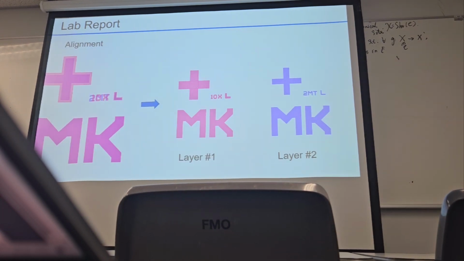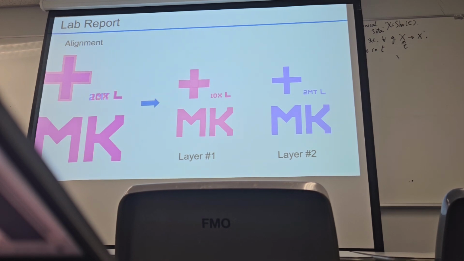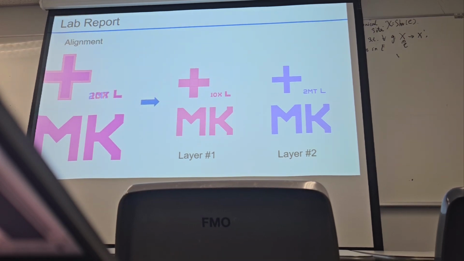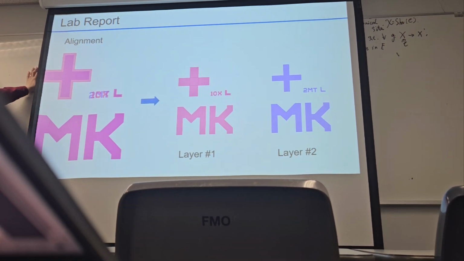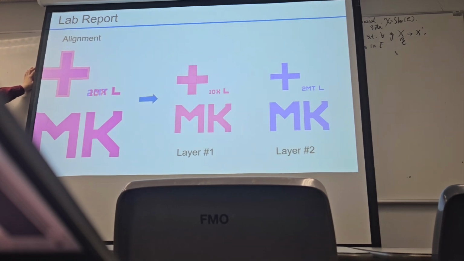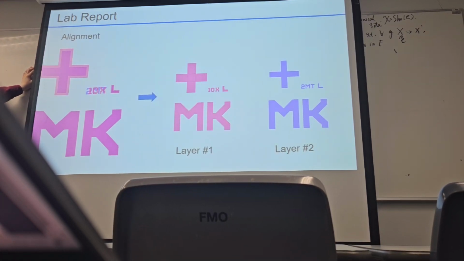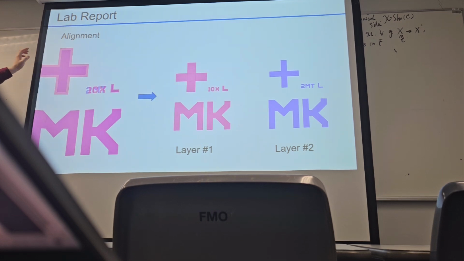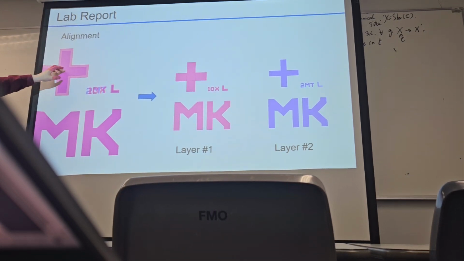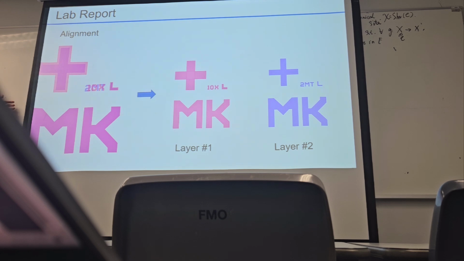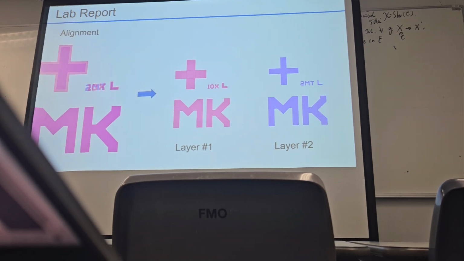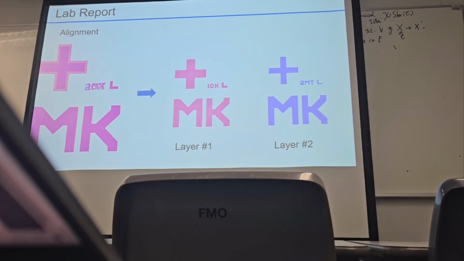Another issue in the lab report is, I think some of you cannot understand what a liner marker is. Liner markers are the markers you use during the alignment, right? I think our TA used the cross, the left and the right, to do the alignment in your second lithography.